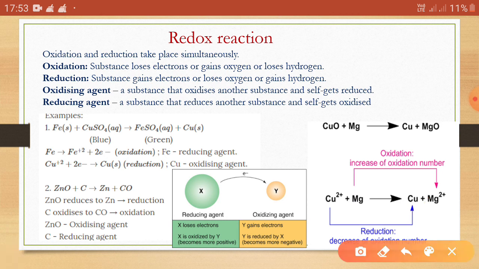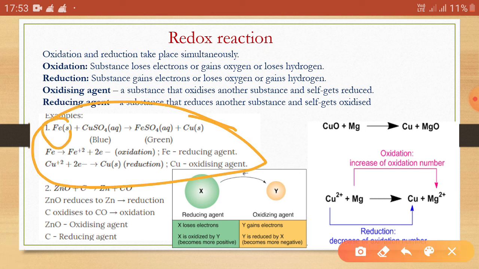Also, on the left side it is Mg and on the right side it is Mg2+. So there is an increase of oxidation number, so it is known as oxidation. Got it? Because we know when it gains oxygen it is oxidation, and when it loses oxygen it is reduction. Okay, clear?